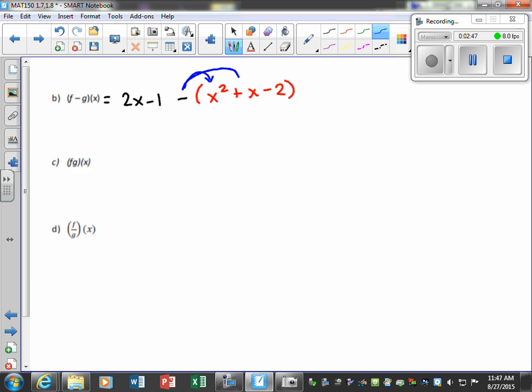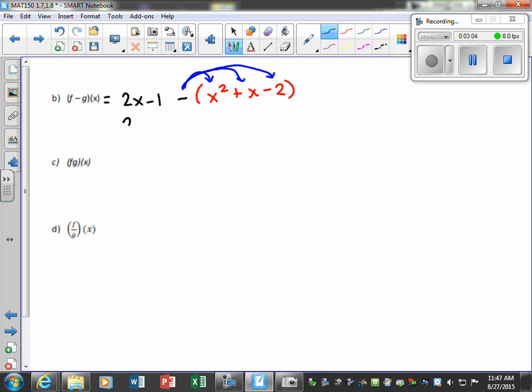And this is probably the error that most students make, the subtraction one out of all 4 of the operations, simply because of that reason right there.